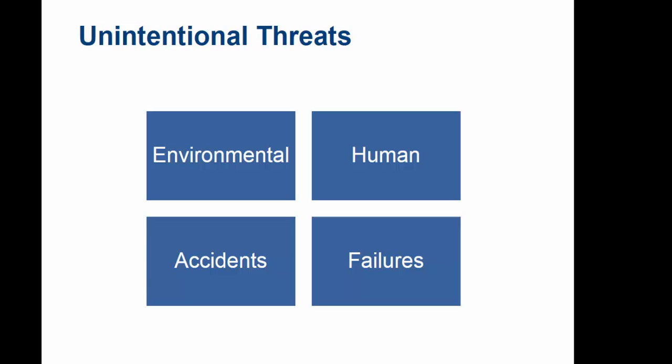So unintentional threats, basically they're your environmental, your human, your accidents, your failures. These are all things that are not purposeful, although the human factor can be purposeful, especially when you have insider threats, untrustworthy people in your organization who all they want to do is bring malcontent on the organization, and so maybe sabotage and things like that.